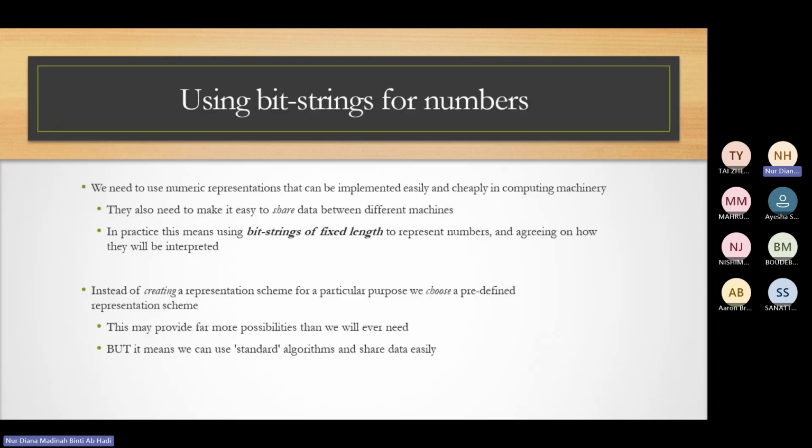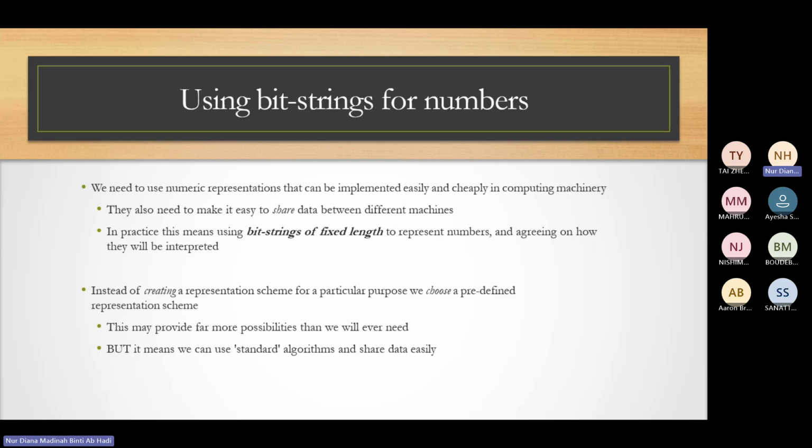Okay. So when you use the bit string for numbers, we need to use a numeric representation that can be easily implemented. It is cheap in your computing machinery. They also need to make it easy to share the data between different machines.